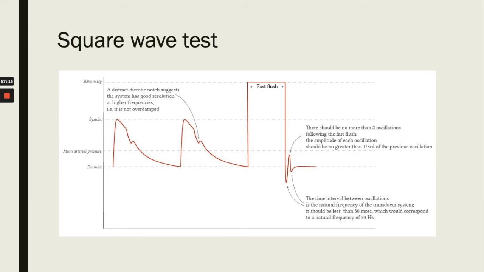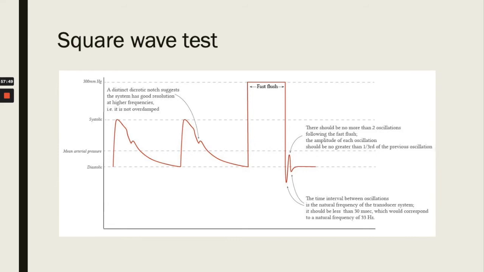So we want a clear, sharp picture, because we have seen under and over dampened, very sharpened or jagged looking arterial lines, or ones that are kind of flat, where we have a lack of a dichrotic notch. When we are doing a square wave test or the fast flush test, we are checking to see what our dynamic response is and whether we are having any distortion in our signal.